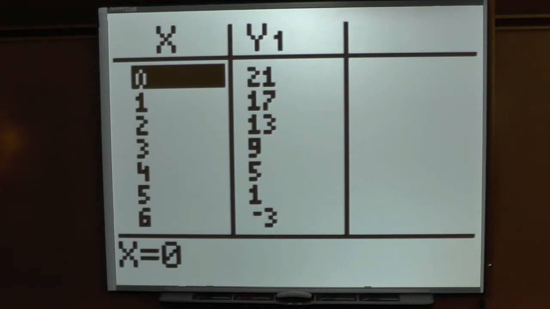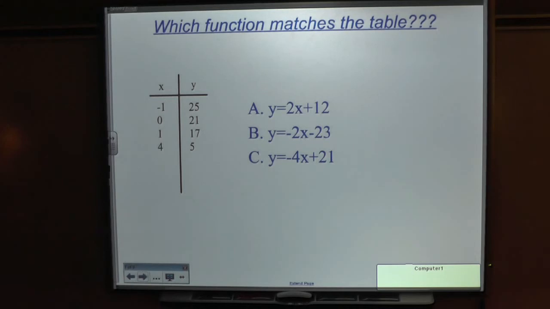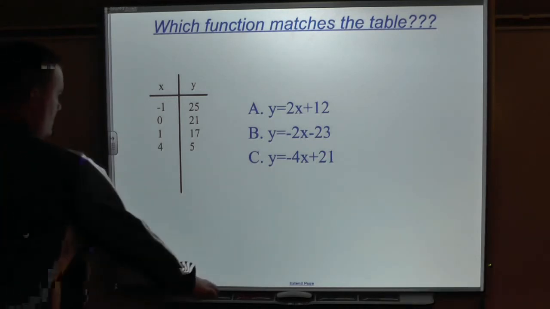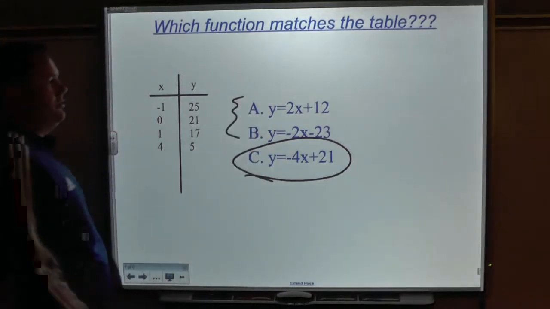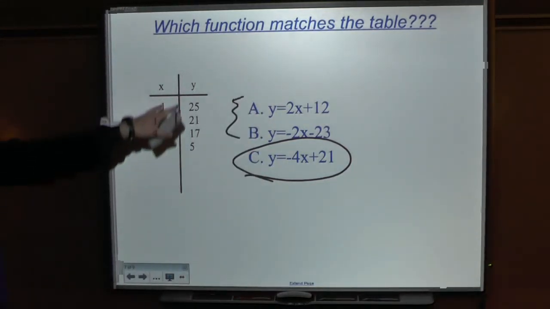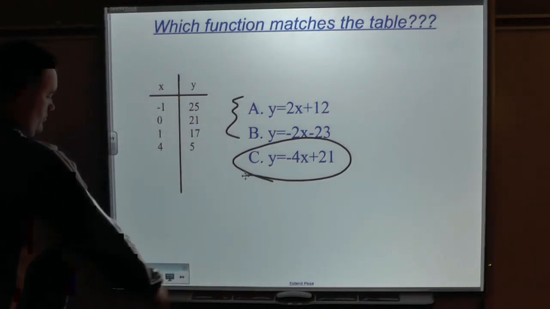See if that table matches your function. Negative 1, 25, 0, 21, 1, 17, 4, 5. So yeah, you have to check through those. I would choose, in this case, C. Alright? When you're at school, you can try A and B, but you'll find they will not give you the same values of X and Y. Your domain will not match your range.